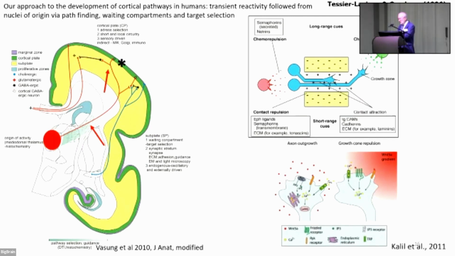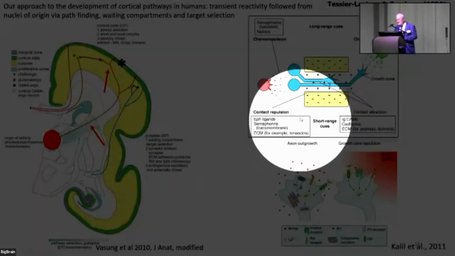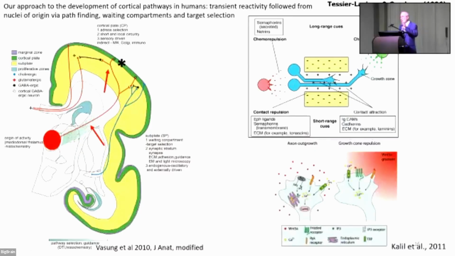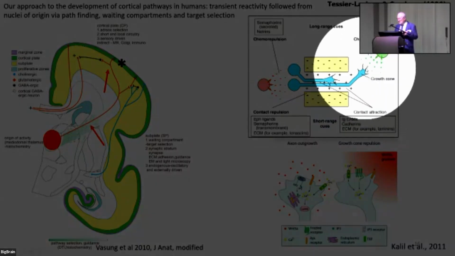Here on the right side, you see this beautiful growth cone, how it grows using a gradient of guidance molecules. These gradients are very crucial. You see, for example, here a gradient is high, and this axon is using this gradient.